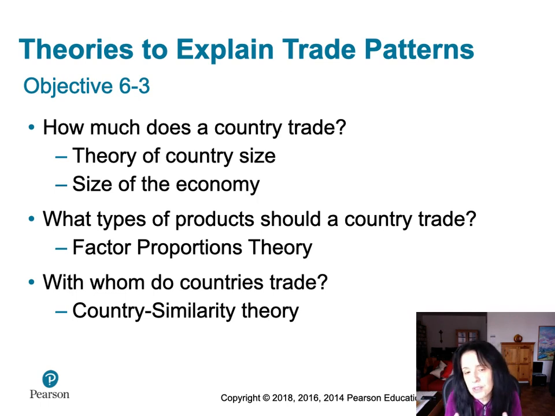So according to this assumption, for instance, the US culture or consumption patterns are somewhat similar to the UK, or vice versa. The United States would tend to export to the UK or other Western European countries with comparable levels of per capita income. Okay?